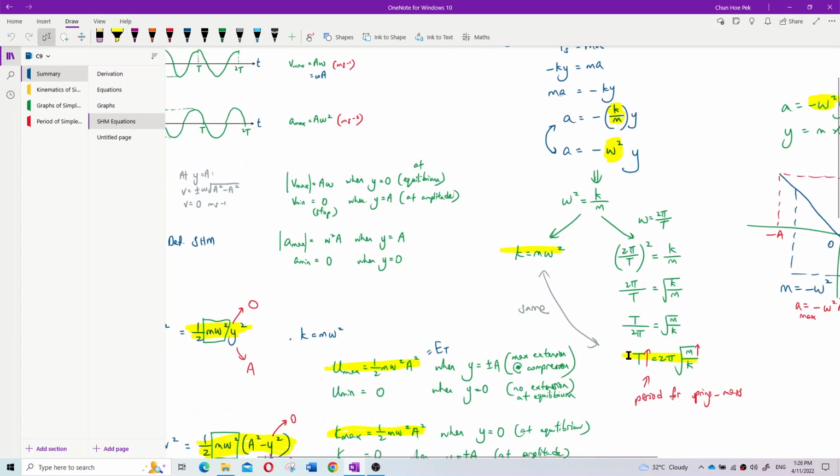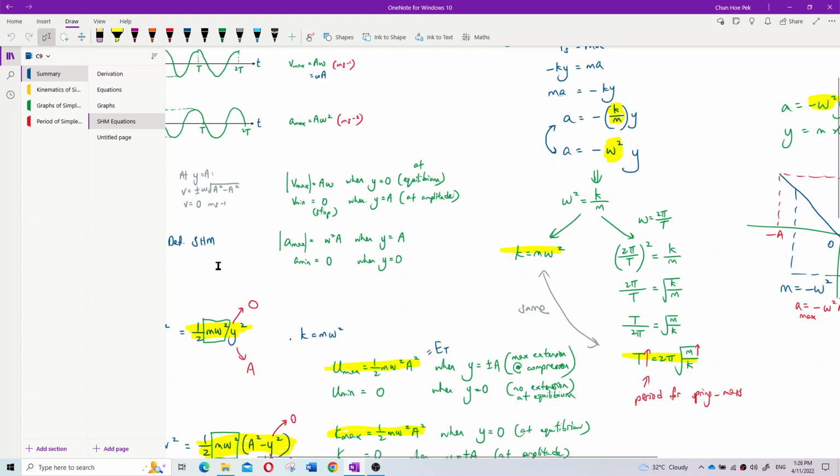Or it becomes period equal to 2 pi square root of m over K. So K equal to m omega square is the same as period equal to 2 pi square root of m over K. However, just use K equal to m omega square. Refer to my lecture video and you will understand how it is derived.